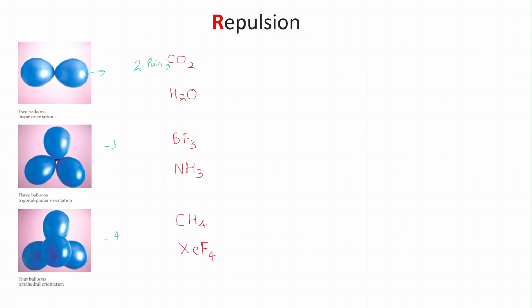Now once again, if there are 2 pairs, what kind of geometry will there be?